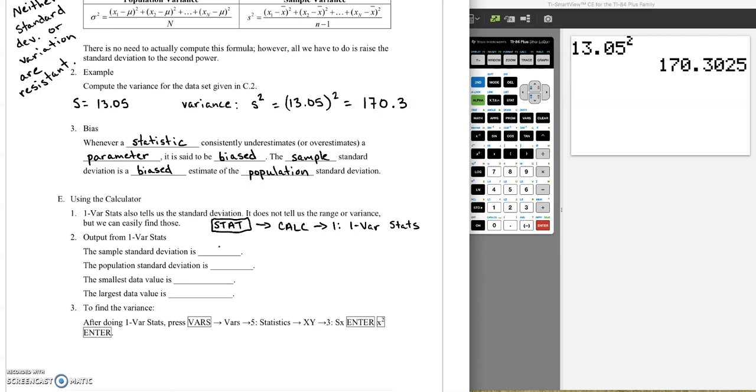It also gives us the sample standard deviation, which it labels Sx, the population standard deviation, which it labels sigma x, the smallest data value, which the calculator calls min x, and the maximum data value, which it calls max x.